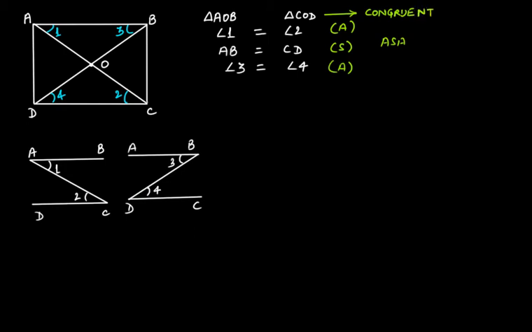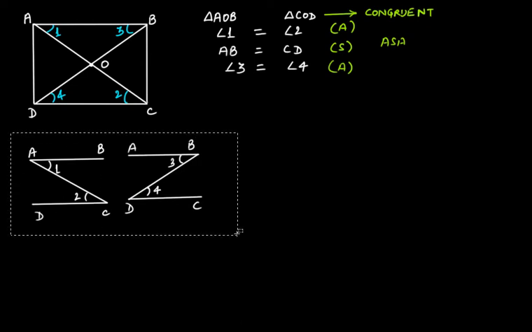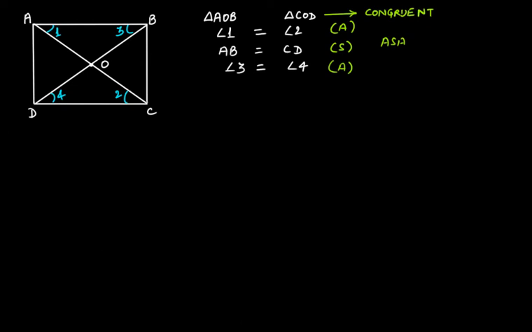Now, we have proved that these two triangles are congruent, and if we draw these two triangles, this is triangle AOB and this is triangle COD. Now, this angle 3 is equal to this angle 4, right?